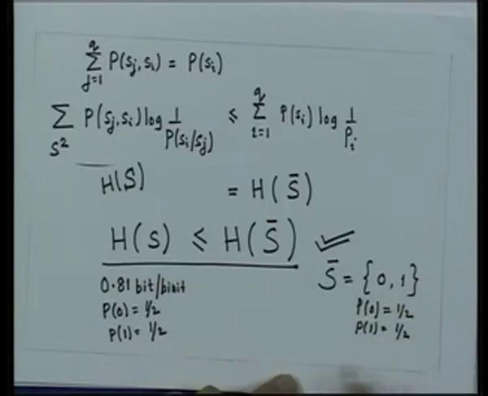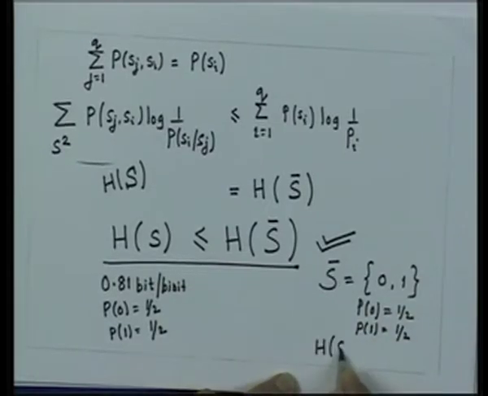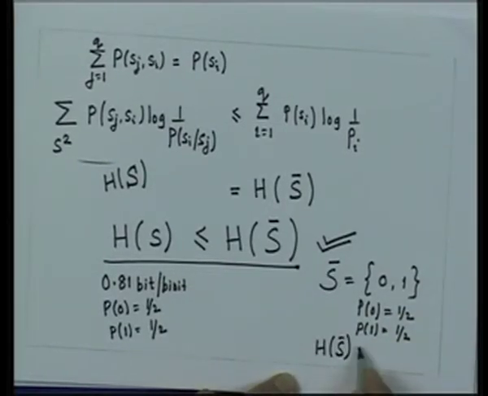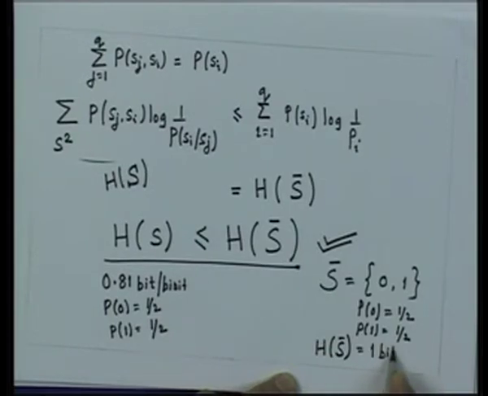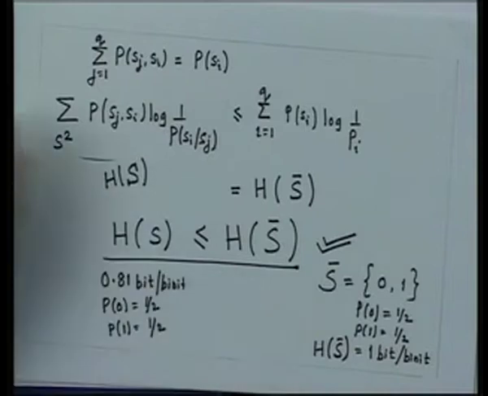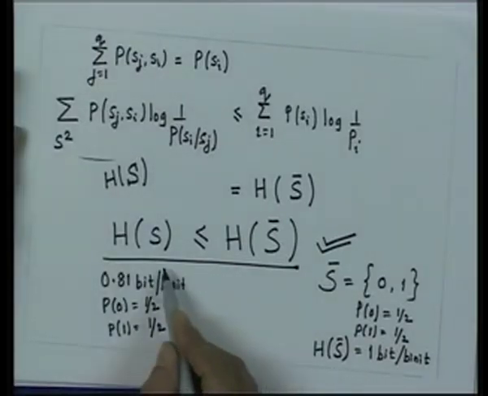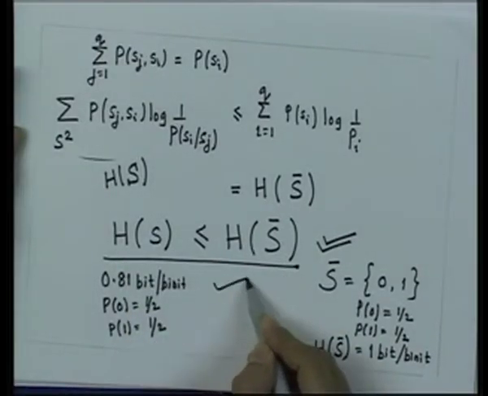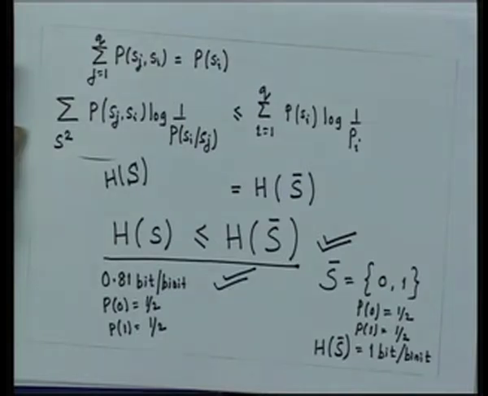To calculate the entropy for this is simple. H of S bar is 1 bit per symbol. So, what it shows is that this expression is valid. This we have shown for our example discussed earlier.